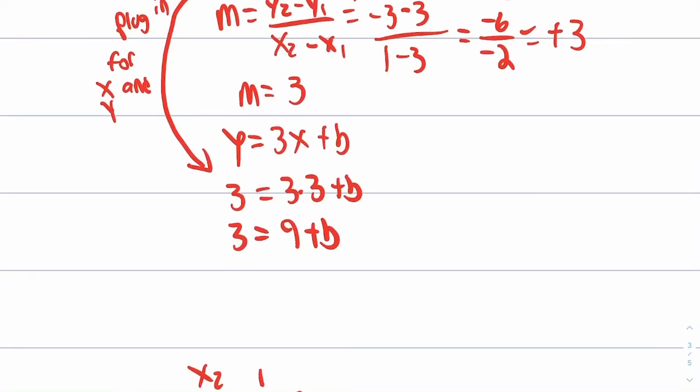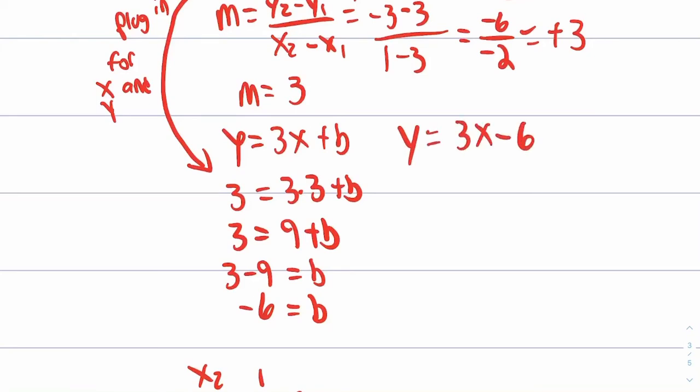If we subtract 9, that'll be 3 minus 9 equals b. b is equal to negative 6. So our final equation is y equals 3x minus 6.